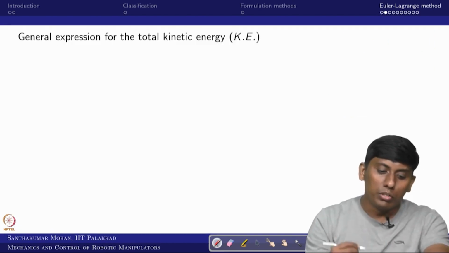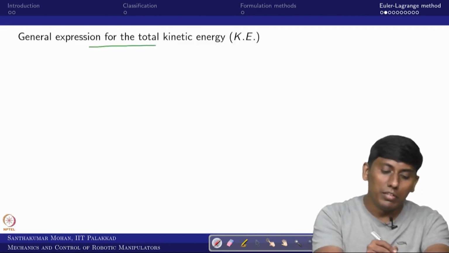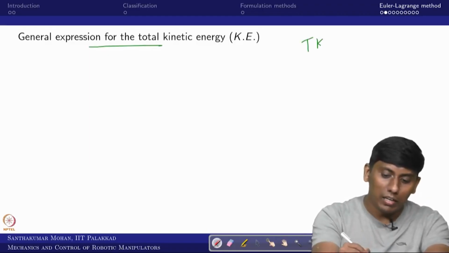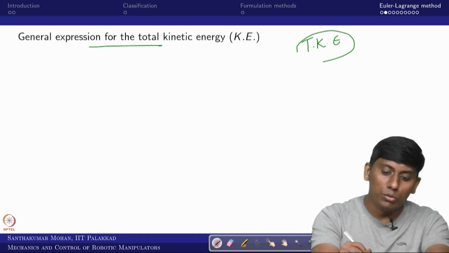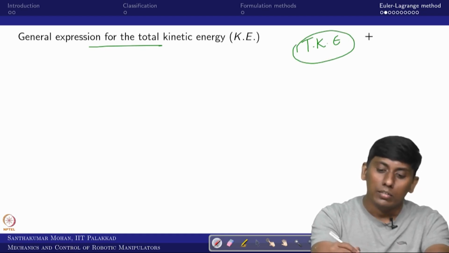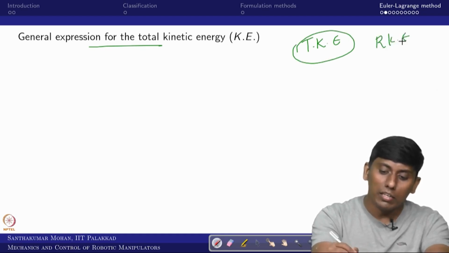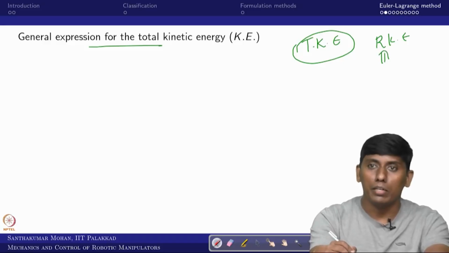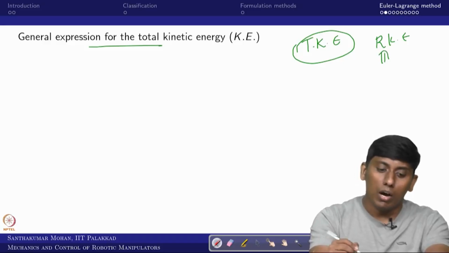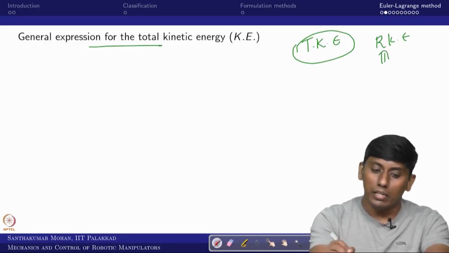Okay, just to give an idea, I am giving a general expression, where the kinetic energy would have two parts. One is the translational kinetic energy, due to the mass. Then the rotational kinetic energy, that is due to the second moment of inertia, or you can say simply inertia.